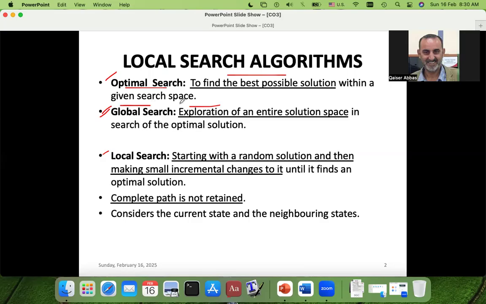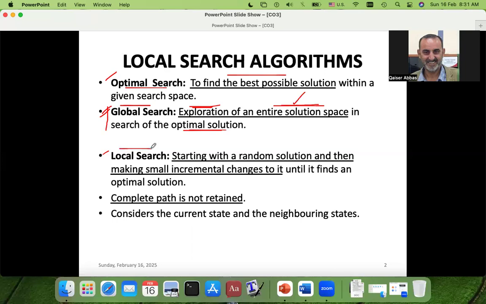So if you are going to explore the whole state space for finding the global maximum, or you can also call it the optimal solution, or global optimum. There are different words. If I say global optimum and if I say global maximum, both are the same. So if we are going to explore the entire state space for finding the solution, and that solution would be optimal, then this kind of search is called global search.